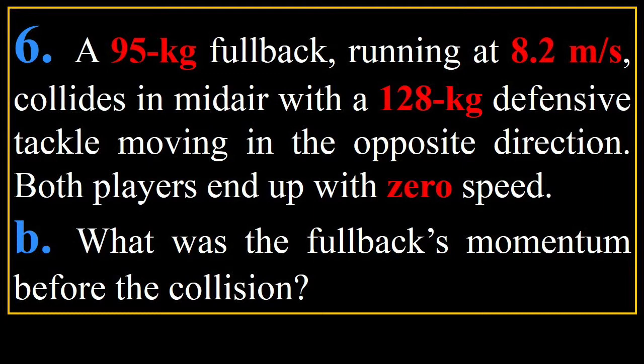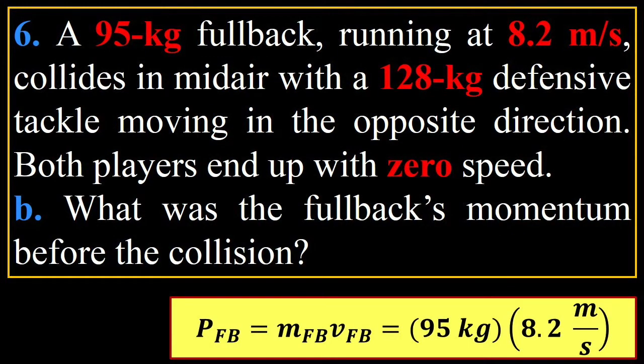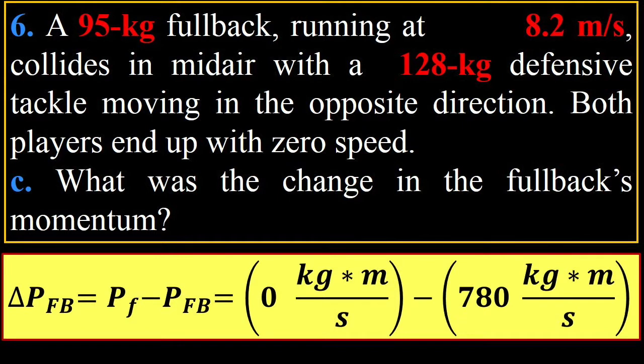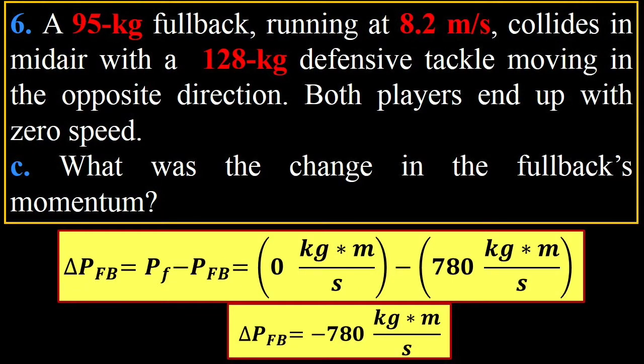Now, what was the fullback's momentum before collision? Well, it's 95 times 8.2 meters per second. Now that's going to be the same as the change in momentum, so I'm doing both together. What was the change in the fullback's momentum? The momentum of the fullback is 780 kilogram meters per second, and the change in momentum is negative 780 because it's final minus initial.